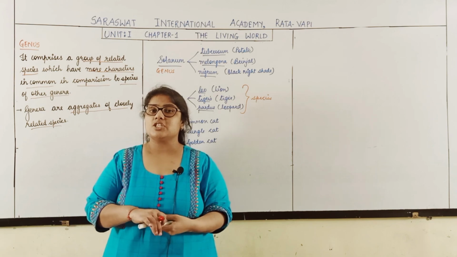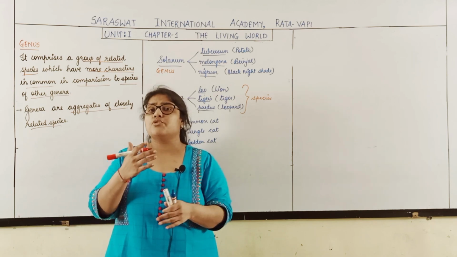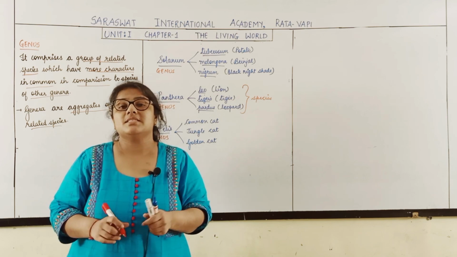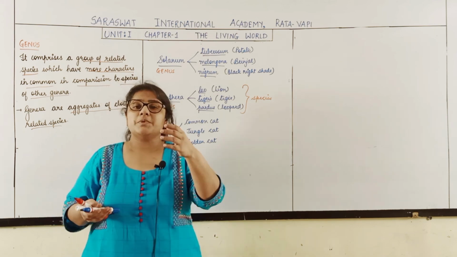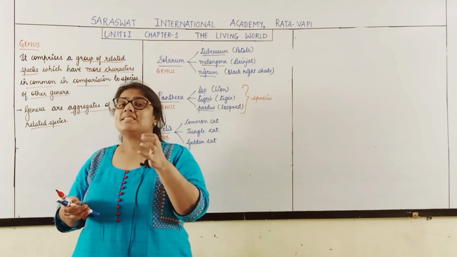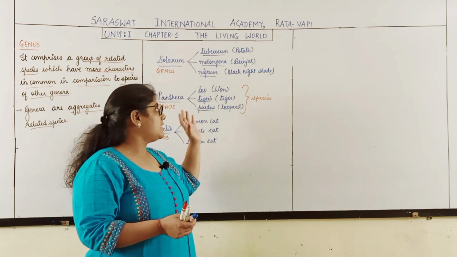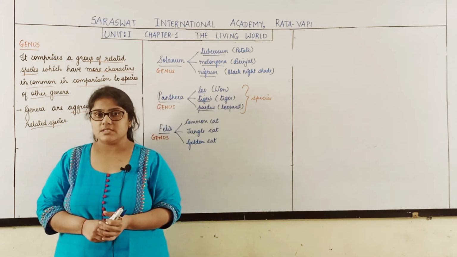So students, what is a genus? Genus is a group of species which show similarities in characters. Those species which show maximum similarities in characters will be kept in one genus.